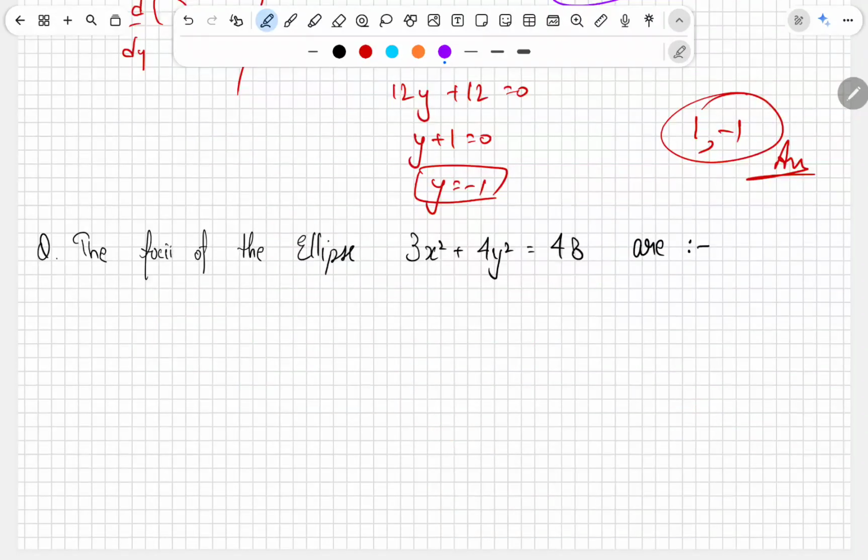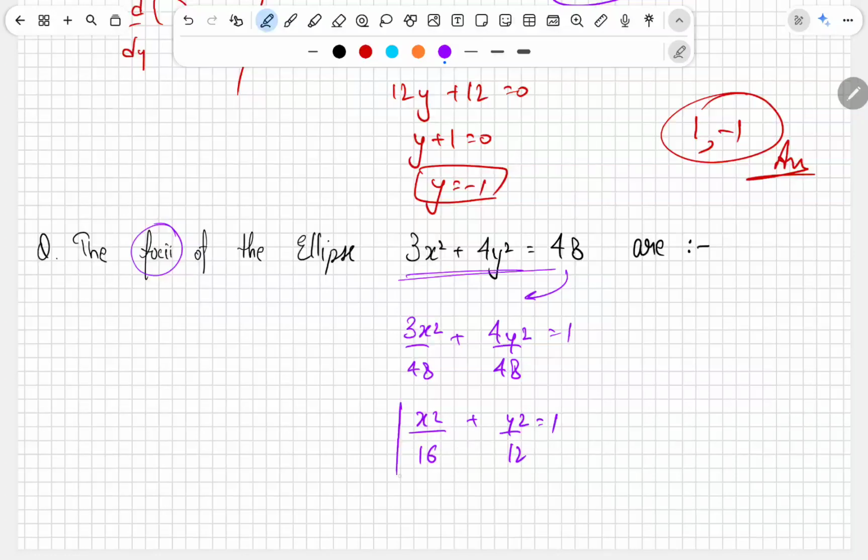Okay guys, now we have to find the foci of this ellipse. First let's simplify by bringing 48 in the denominator. This becomes 3x square by 48 plus 4y square by 48 equals 1. So I'll get x square by 16 plus y square by 12 equals 1. Now for foci we know the formula is ae. We have a as 4. Now we require e.